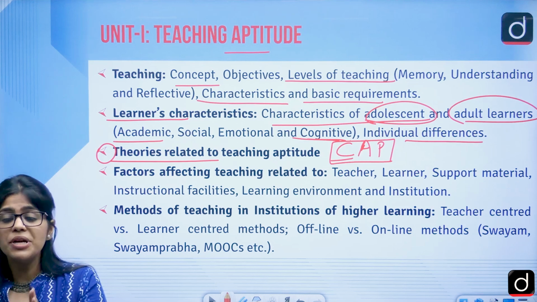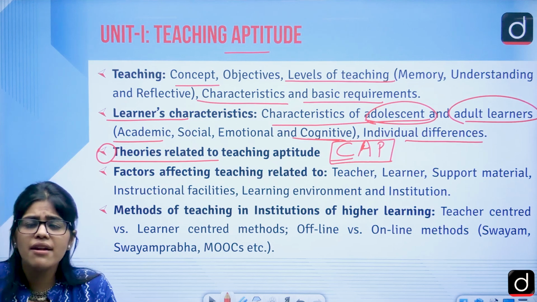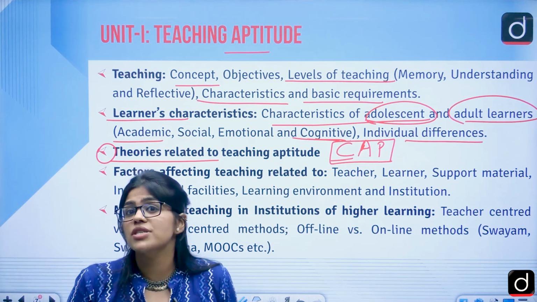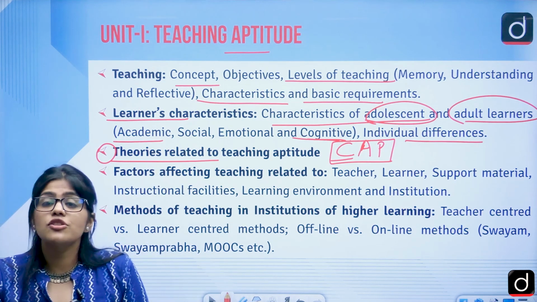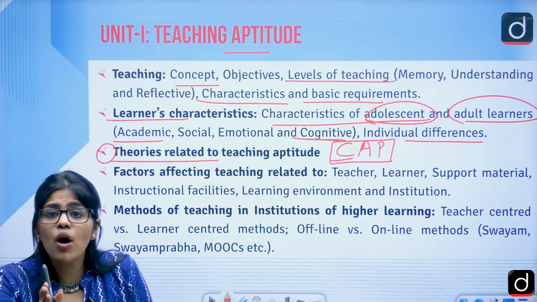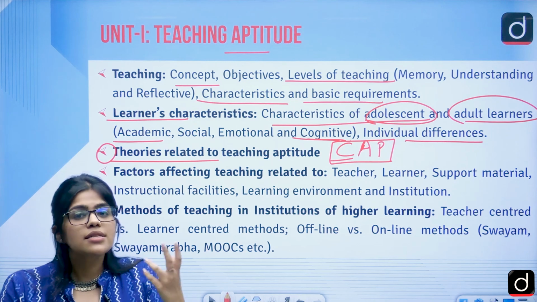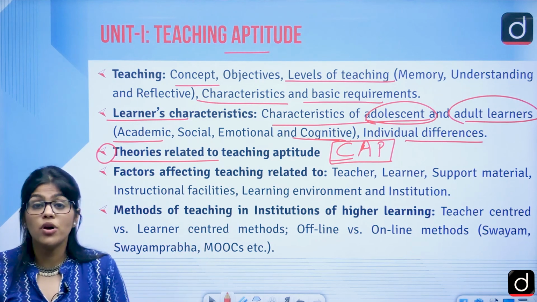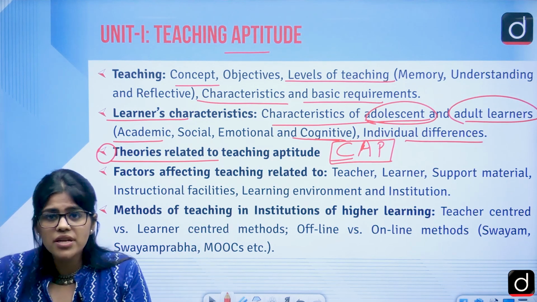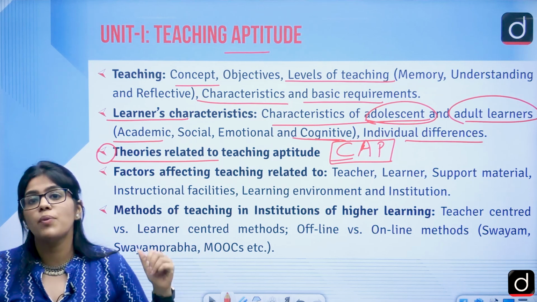What is the difference between the pedagogic stage, the andragogic stage, and the heutagogic stage? How, with little effort, you will see that a child will move from one cognitive stage to another. This is what Freud said. This is what other theorists have also worked upon. Jean Piaget had given the cognitive stages of development.